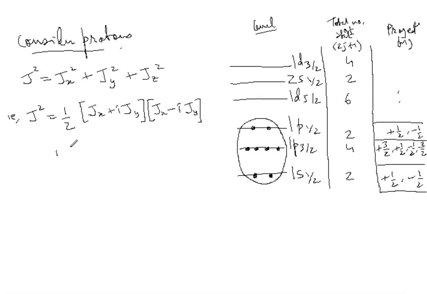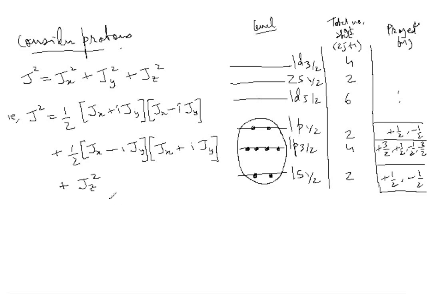This is just basic quantum mechanics I am doing, plus half of again jx minus i jy into jx plus i jy, and with the addition of jz square.